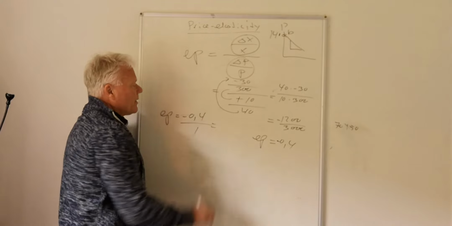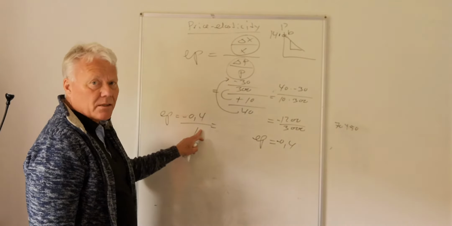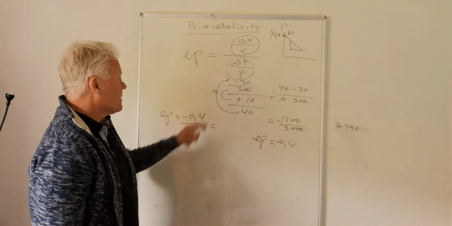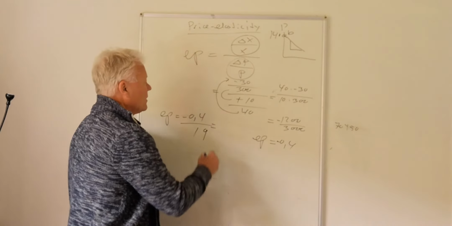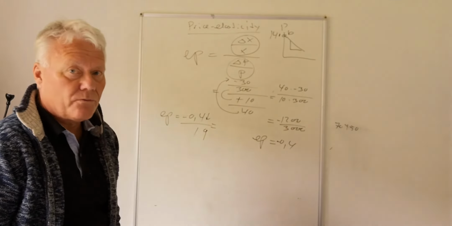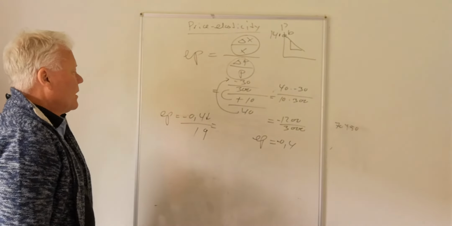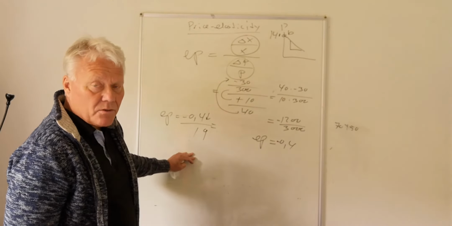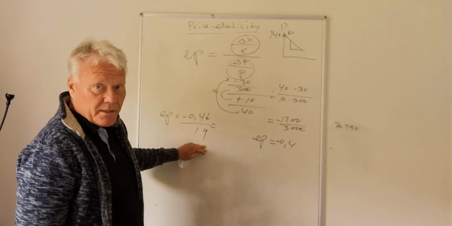So what happens is that if you increase the price by 1%, you have a decrease, because they go in opposite directions. You have a decrease in the number of units sold by only 0.4%. And if you increase the price by 10%, you only have a decrease of 4%.